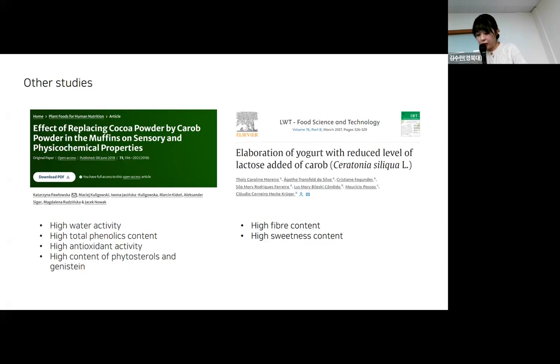The yogurt enriched with carob exhibited a noticeable increase in both fiber content and sweetness. So this suggests that the addition of carob not only enhances the nutritional profile by introducing high fiber content, but also contributes to the overall sweetness of the yogurt. So in summary, these studies highlight the adaptability of carob in food applications, demonstrating its capacity to improve flavor, nutritional content, and overall appeal in both baked goods and dairy products.